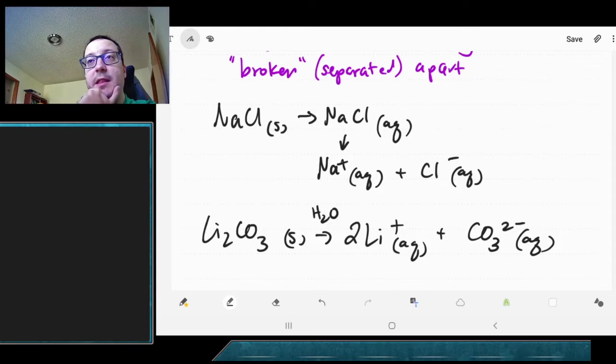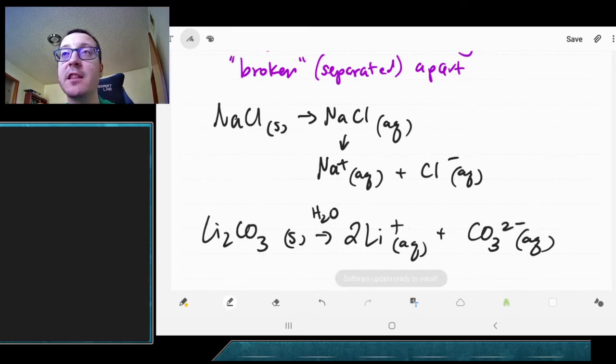And note here, this time we end up with 3 ions overall when we dissolve this. We have 2 lithium ions, 1 carbonate ion. That's 3 ions altogether. We would actually expect this lithium carbonate would conduct better than sodium chloride of equal concentration because there are more ions present in solution per mole. So we're going to see that the more ions you have, the more you can conduct electricity.